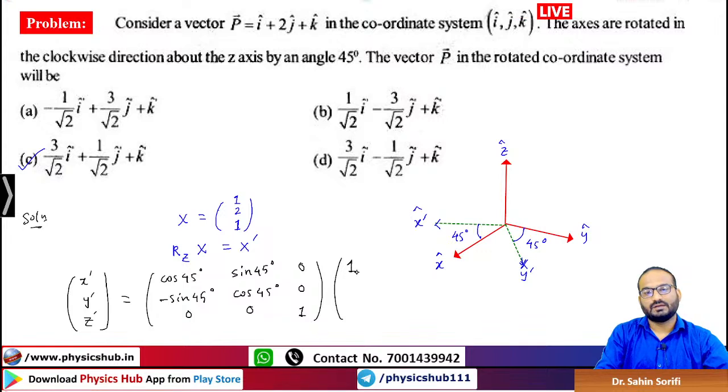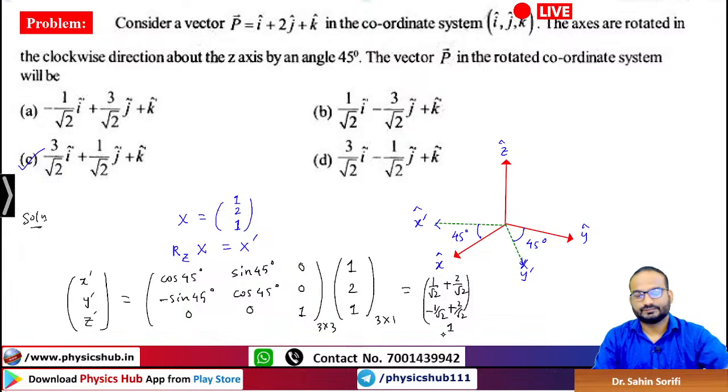This is 1, 2, 1. Now this is a 3 by 3 matrix. This is 3 by 1. So you know the product matrix will be 3 by 1. 3 by 1 means it's a column matrix. Cos 45 is 1 by root 2 times 1 plus 2 by root 2, so 1 by root 2 plus 2 by root 2, and for the second one you see minus 1 by root 2 plus 2 by root 2, and this is 1, isn't it?